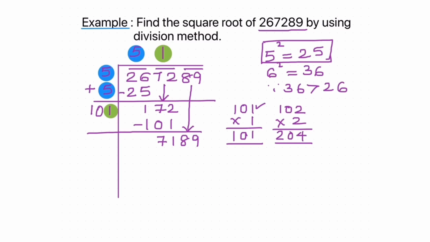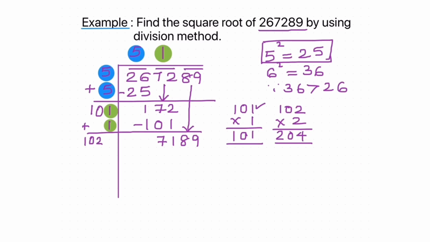Next, to find the new divisor, write the second quotient just below the divisor here. So, we will write 1 here and add. So, we get the sum as 102.